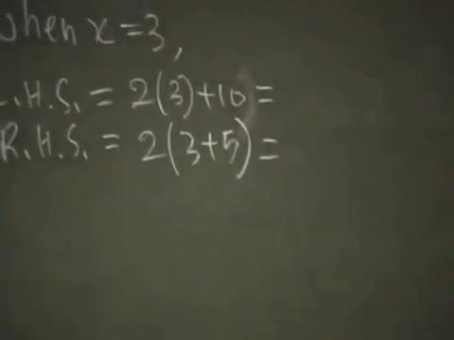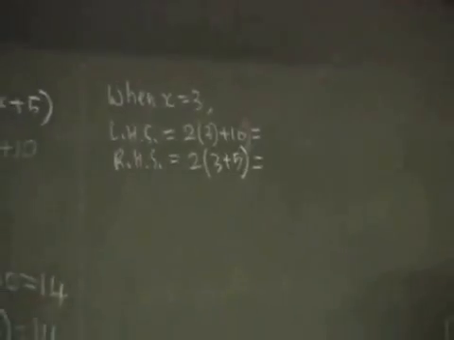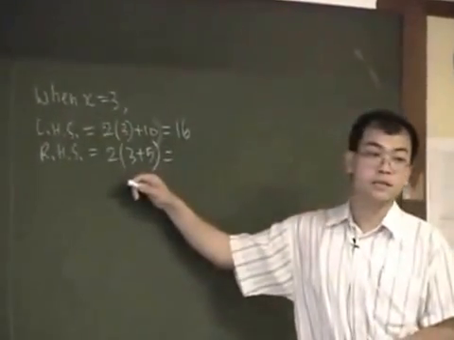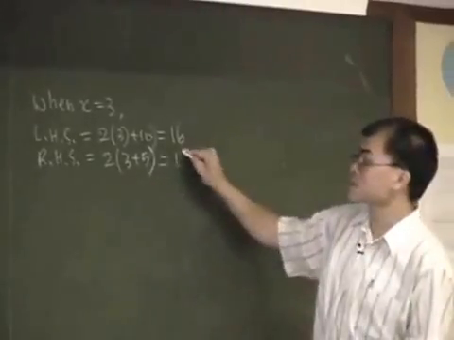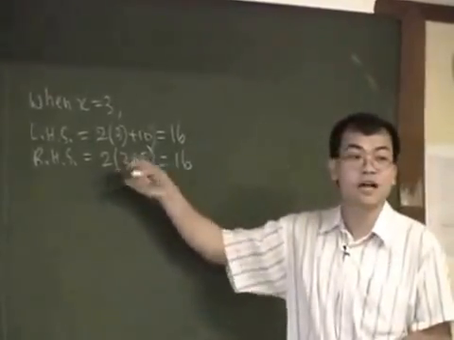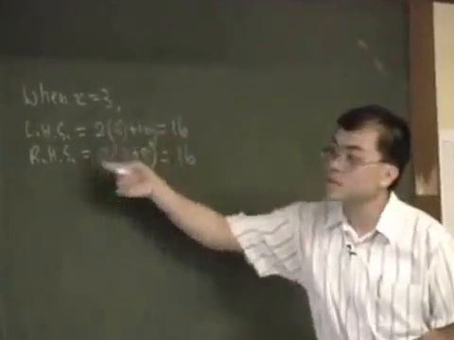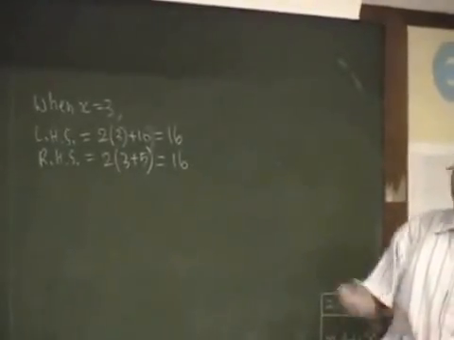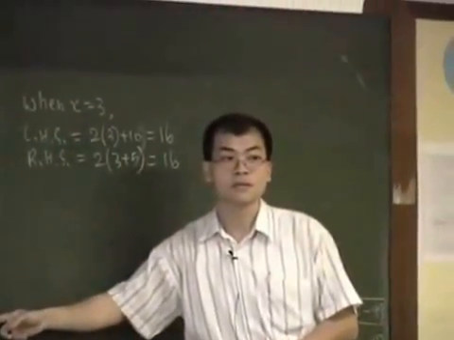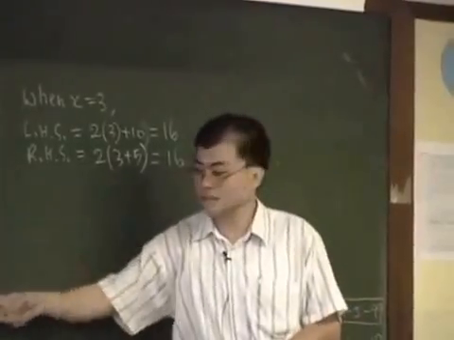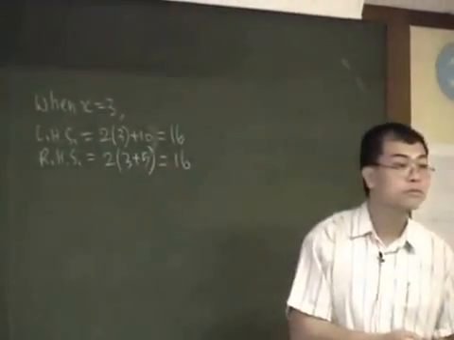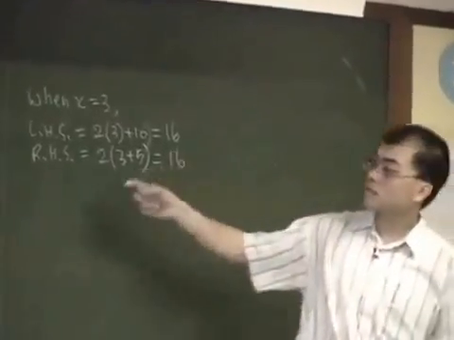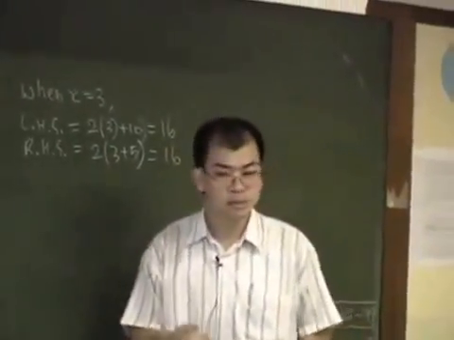For the left hand side, it is 16, 6 plus 10. But for the right hand side, it is also 16, 2 times 8. Is it equal? Yes. Left hand side is still equal to right hand side. Not no solution. In fact, at least we have found 2. More than 1. How many?